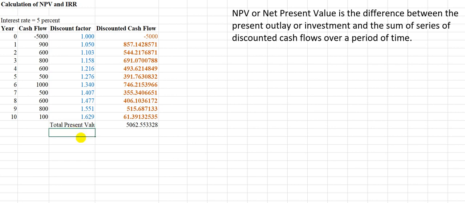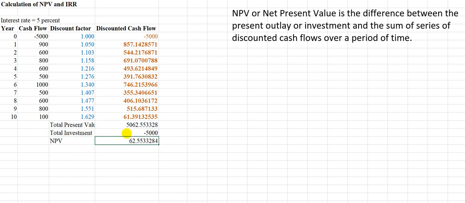And total investment equals minus 5,000, and net present value NPV equals this plus the total investment.